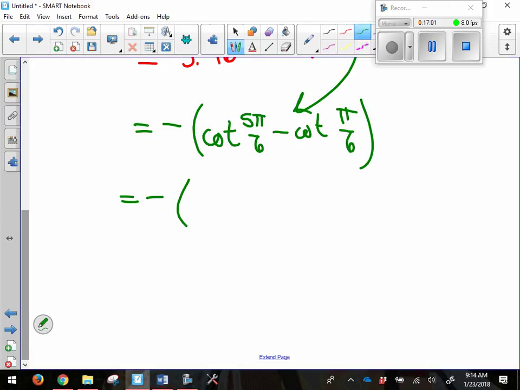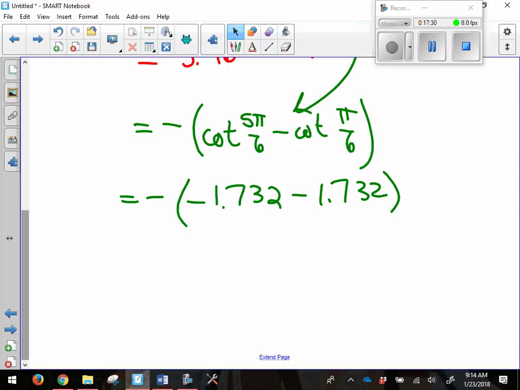I have the cotangent of 5 pi over 6 is negative 1.732 minus the cotangent of pi over 6, which is positive 1.732. So when you add those, you should get your negative 3.46 whatever, but then you've got a negative sign out front. You need to respect the negative signs, as always. Okay. All right, so you do number 30.